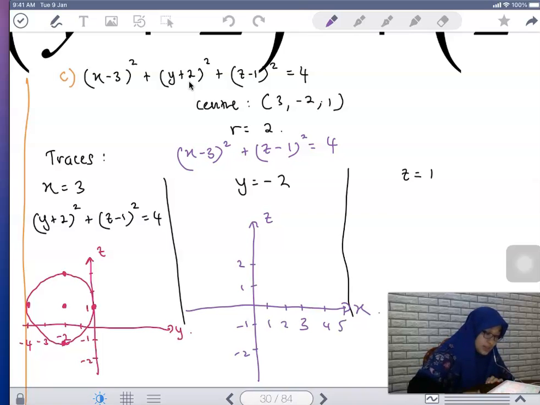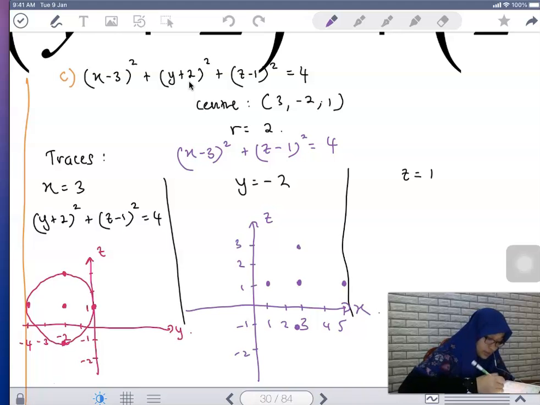So where is the center? 3, 1. This is the center. Now to get the circle, this point, this point, this point.